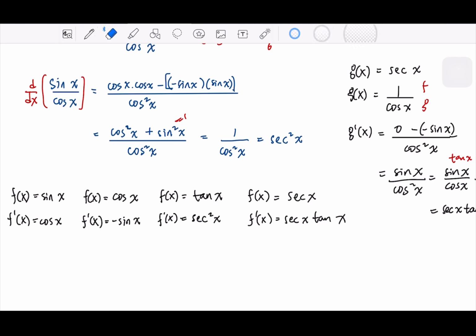But I think if you manage to master at least these four, it should be sufficient. Whenever you are not really sure what the result is, you can try to do the quotient rule.